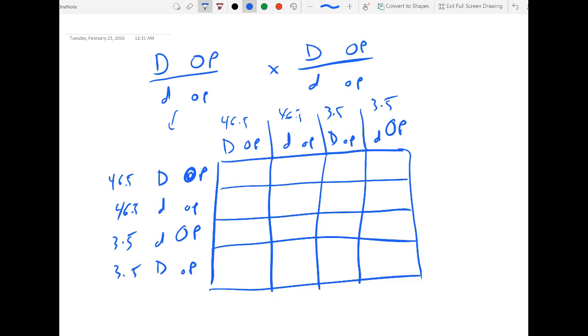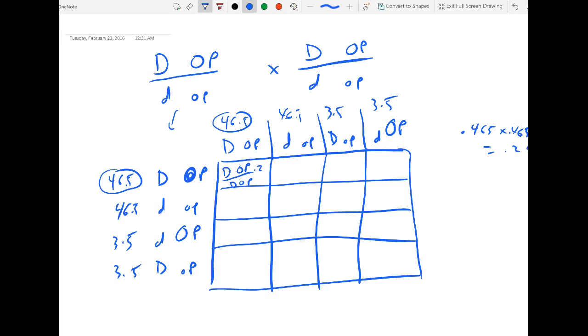But now it's just saying, what is the probability of getting this genotype. If we get these guys at this frequency and these guys at this frequency, when you multiply percents, you take 0.465 times 0.465, which is 0.216.